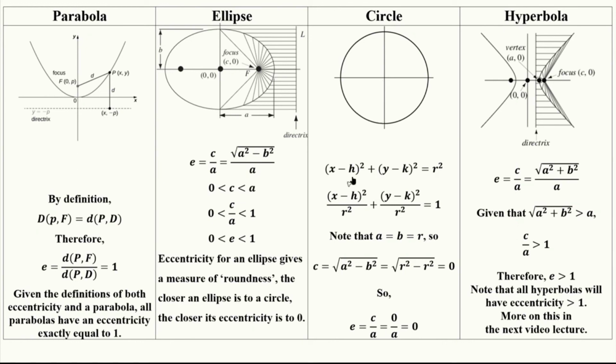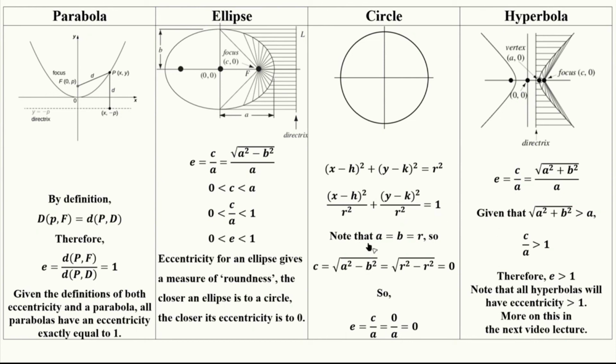For a circle, remember that this is the center radius form of the equation of a circle, and if we divide both sides by r squared, we end up with this equation.